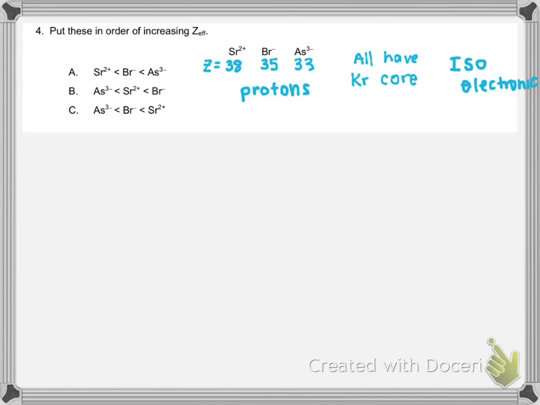And so in the case of the strontium, we have 38 protons pulling on 36 electrons, whereas in the case of As3-, we only have 33 protons pulling on those 36 electrons. And so since there are more protons at the center pulling on the electrons, the strontium 2+ will have the highest Z effective.